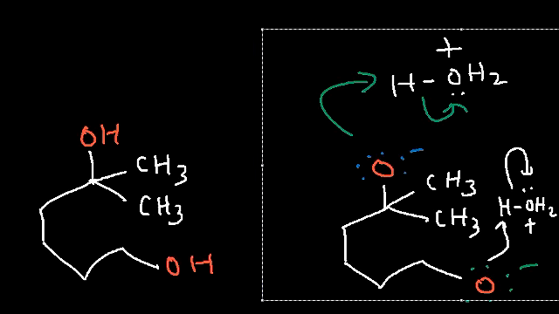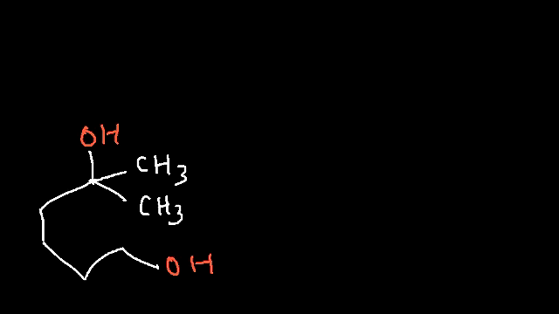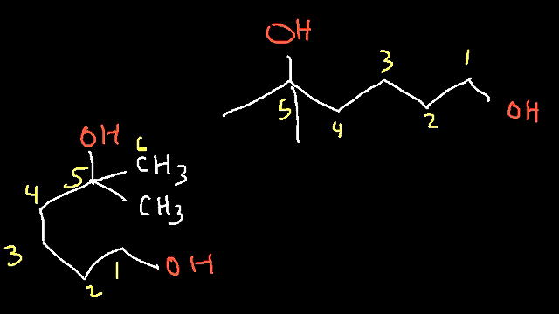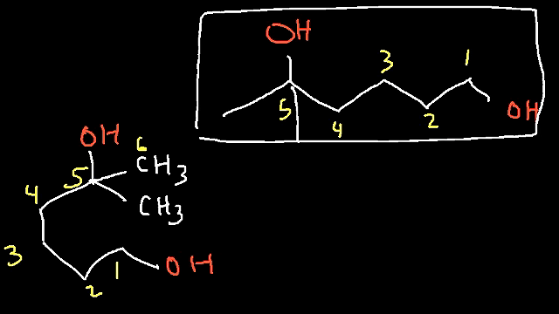But let's redraw it in a more convenient way. Let's count the longest chain. Let's say this is carbon 1, 2, 3, 4, 5, 6. So let's draw 6 carbons. On carbon 1 we have an alcohol. And on carbon 5 we have another OH group. And there's also a methyl group on carbon 5. So this is the final answer for this reaction.